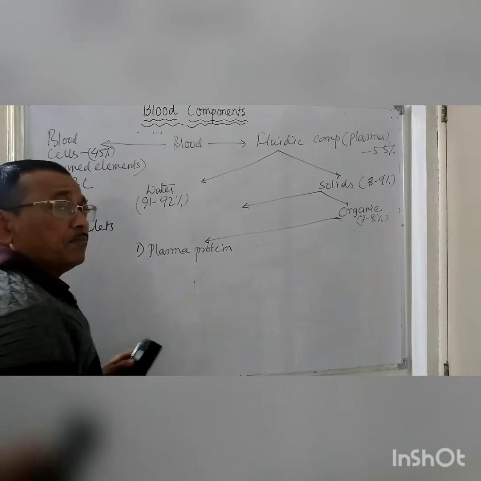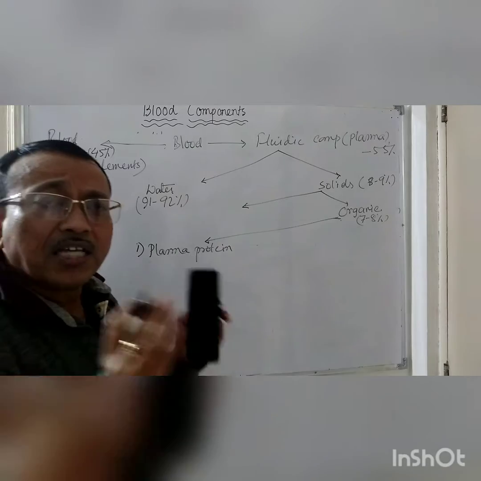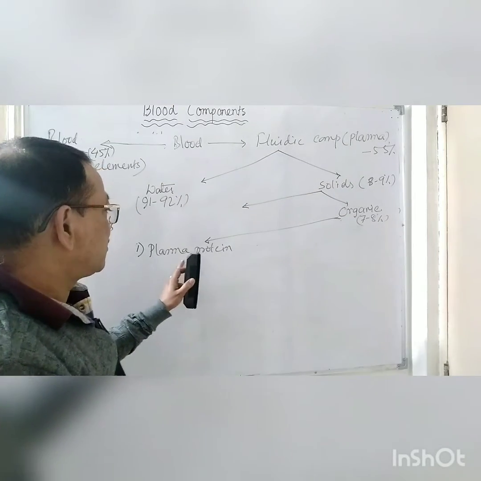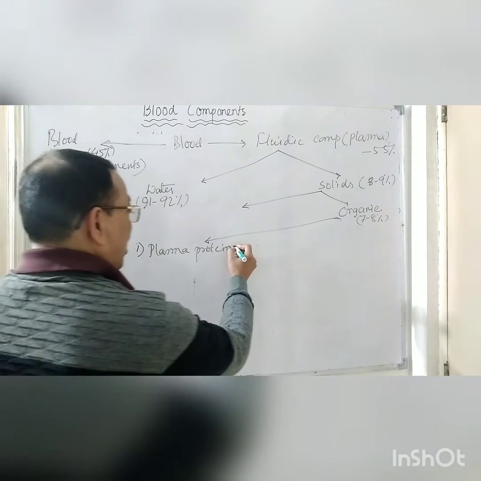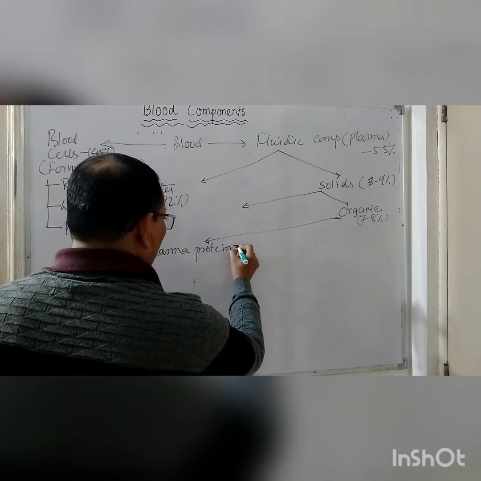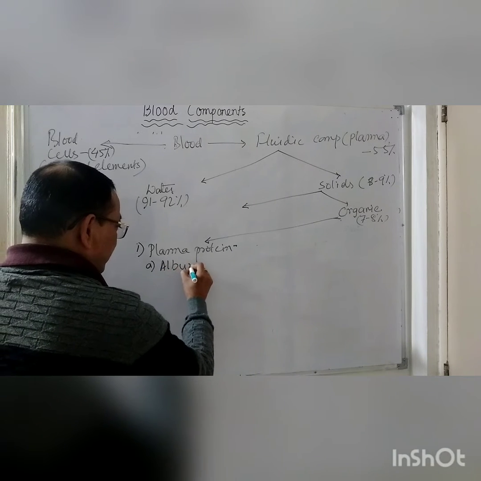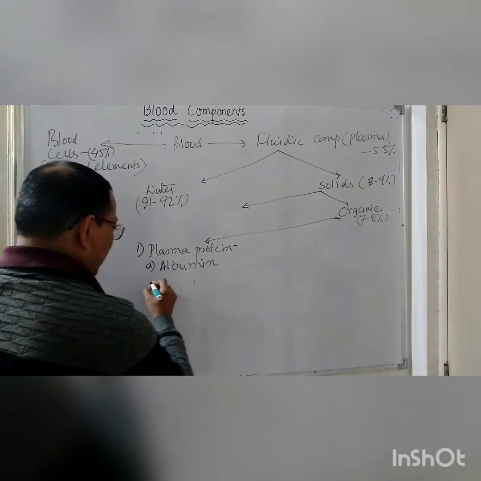Within the blood, some plasma proteins are there which have varied functions, and these proteins include the albumin, mainly the albumin.